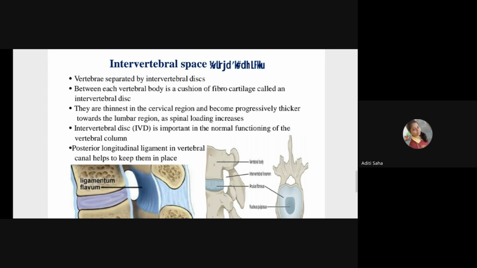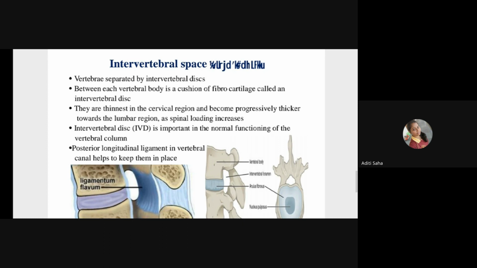So that is why the intervertebral disc becomes thicker as it goes lower. The intervertebral disc is important in the normal functioning of the vertebral column. The posterior longitudinal ligament in the vertebral canal helps to keep them in place.